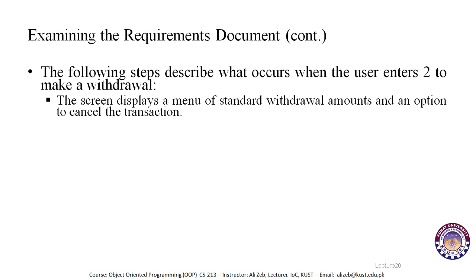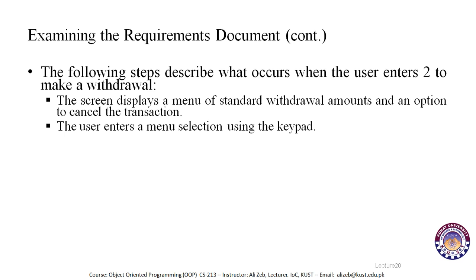If you have used an ATM machine, you would have seen that when we enter our PIN code, we are provided with a menu to choose from. When we choose, for example, withdrawal from the ATM, we are given certain options to choose from, and that includes the different amounts that we can withdraw from the ATM.